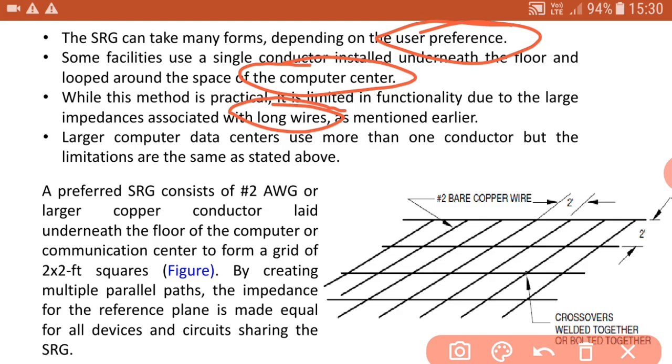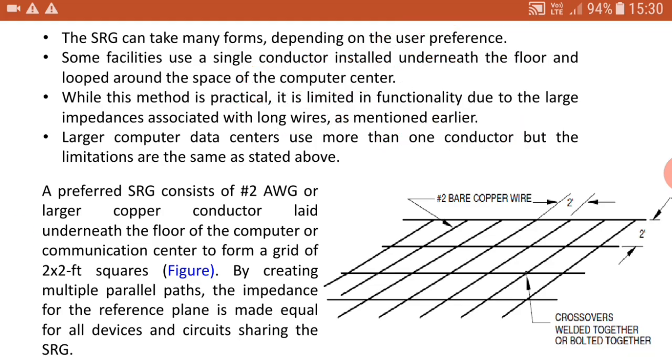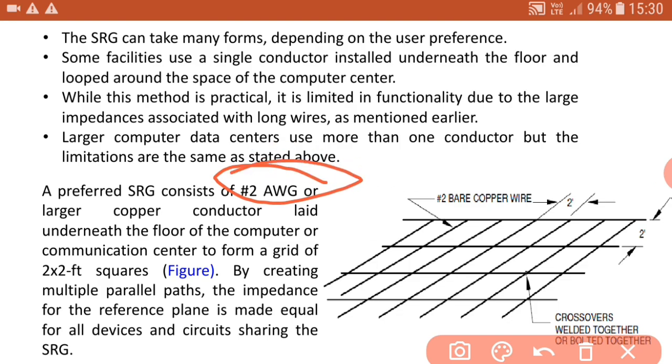Larger computer data centers use more than one conductor, but the limitations are the same as stated above. A preferred signal reference ground consists of 2 gauge or larger copper conductor laid underneath the floor of the computer or communication center to form a grid of 2 by 2 feet squares.